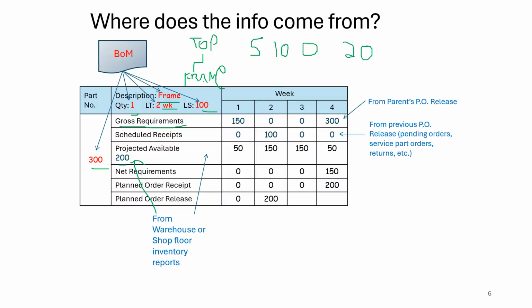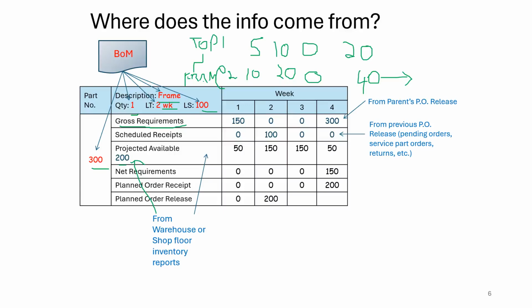And let's say again to manufacture one top, we require 2 frames. Then we require 10 units of frame in week 1, 20 units of frame in week 2, 0 units of frame in week 3, and 40 units of frame in week 4. So this is the demand or the gross requirement for the frame at each week, and this is calculated based on the requirement from its parent floor, which is the top.